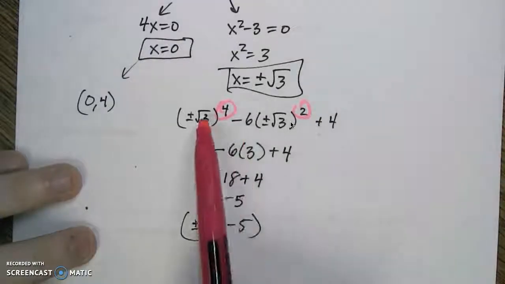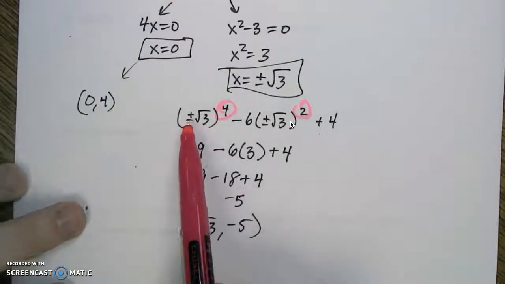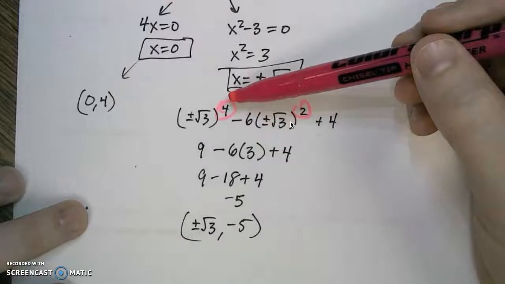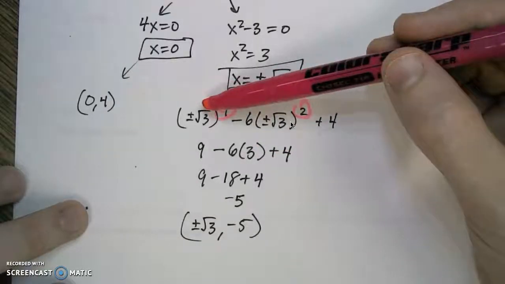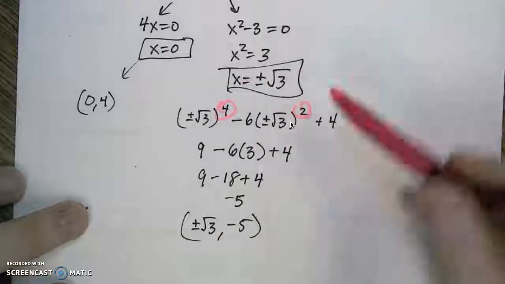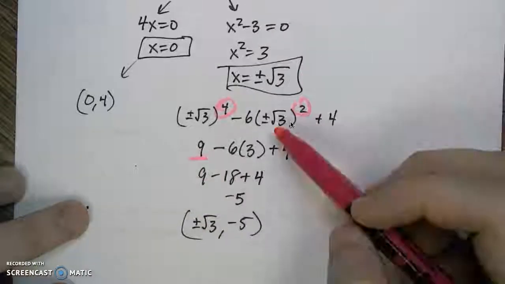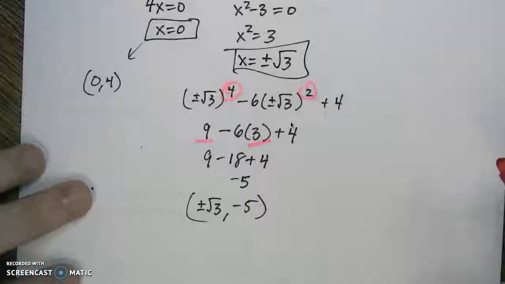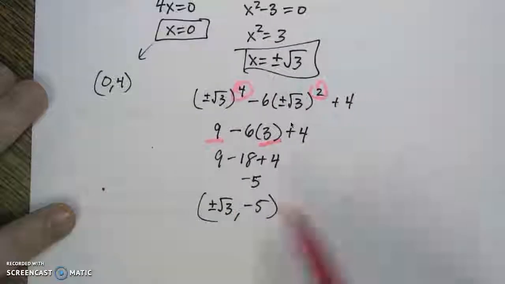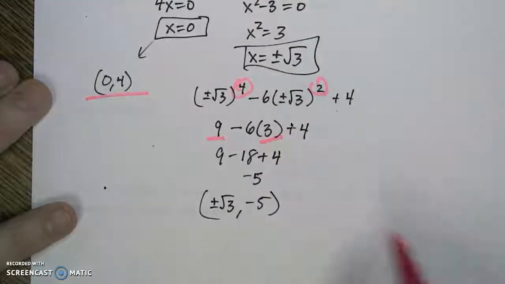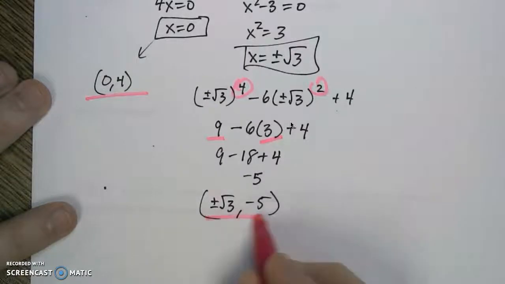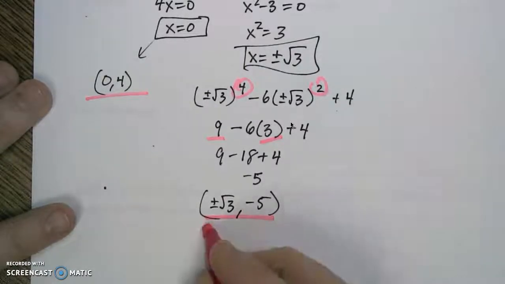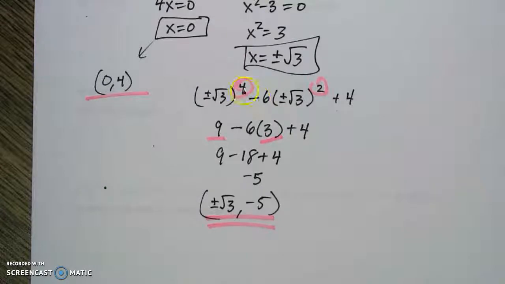So I just did plus or minus radical 3 to the 4th, which means it's squared once to get rid of the radical, and then it's squared again to make it a 9. When you square, just the radical goes away, so you get 3, and then you end up getting negative 5. So you've got 3 points, 0, 4, and then you've got positive radical 3, negative 5, and you also have negative radical 3, negative 5 as your points.